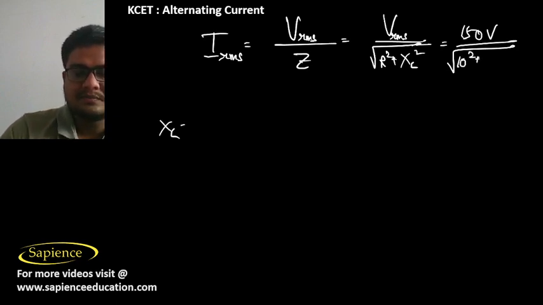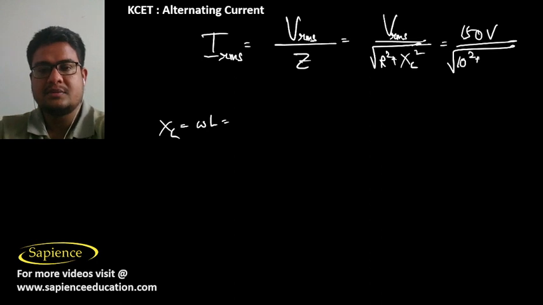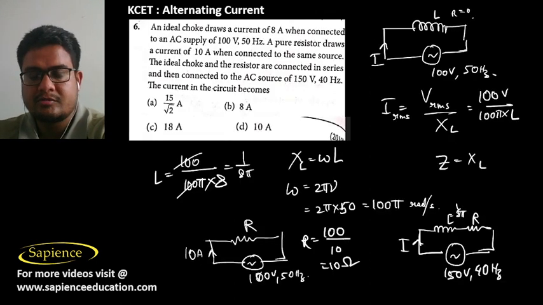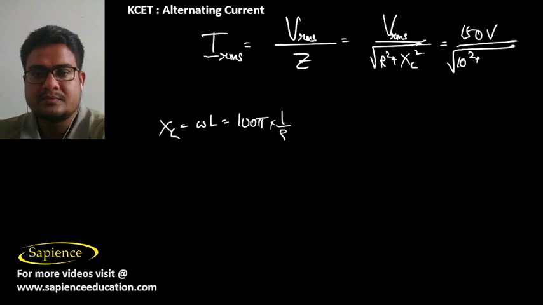XL will be omega L, that is 100 pi into 1 by 8 pi, which is 25 by 2.